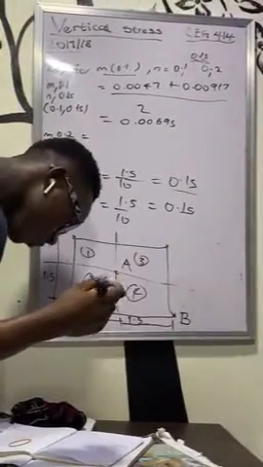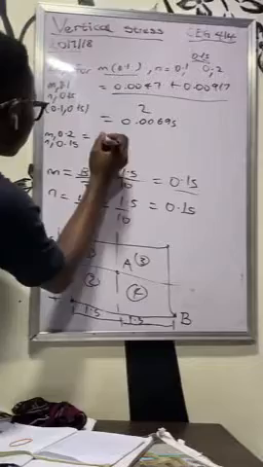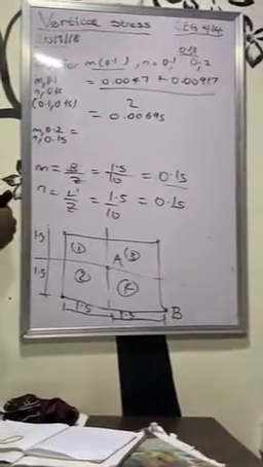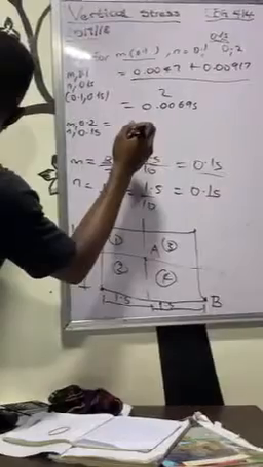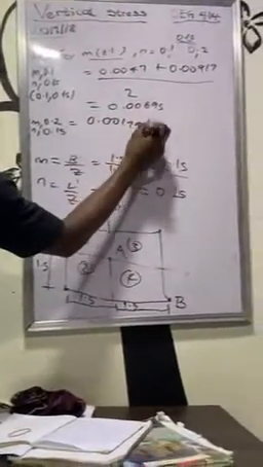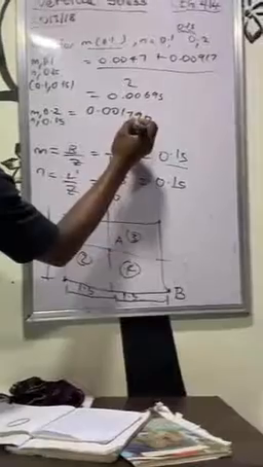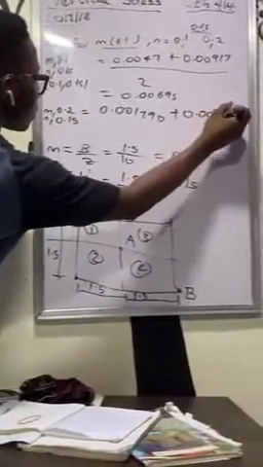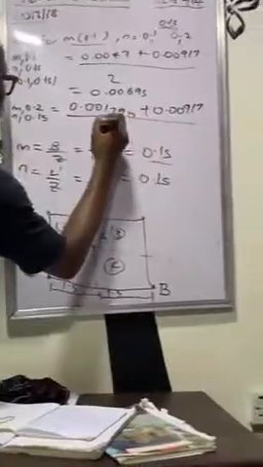Okay, I would have on this table 0.001917 and 0.001790. This is for 0.2, and I'll have 0.001917 divided by 2.